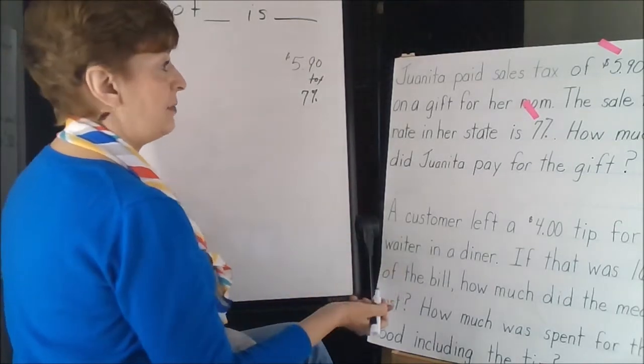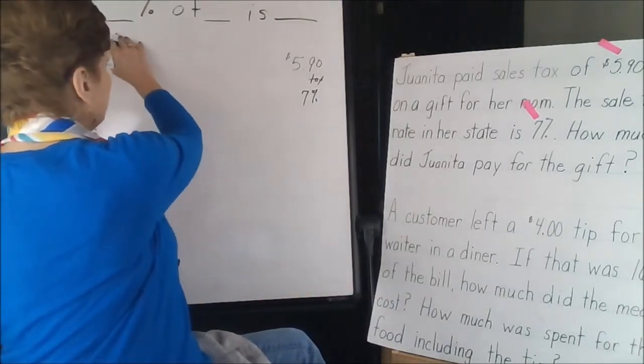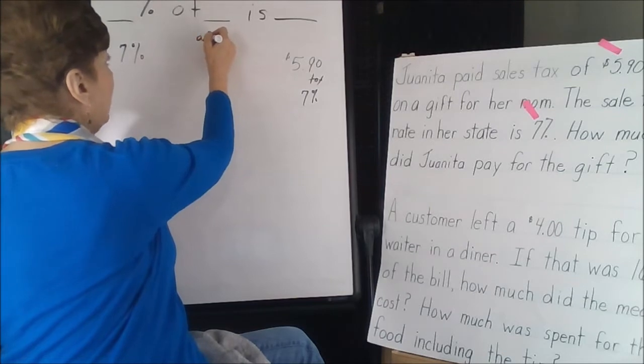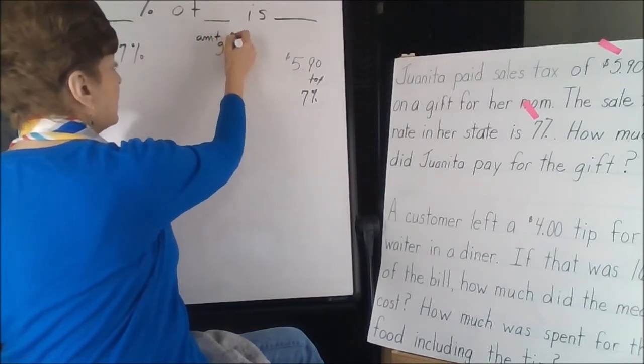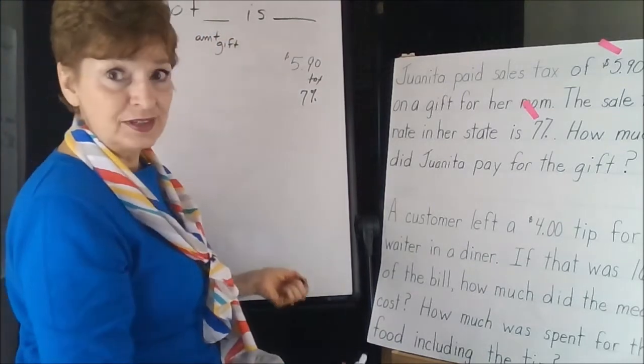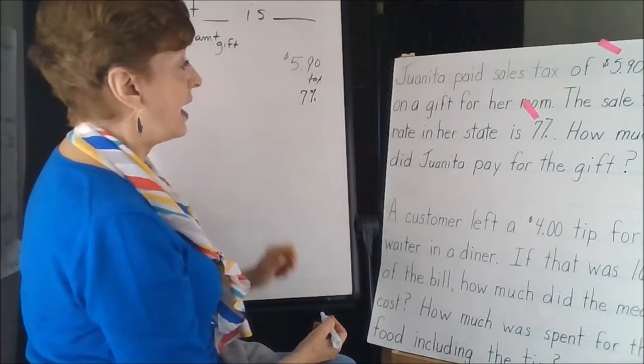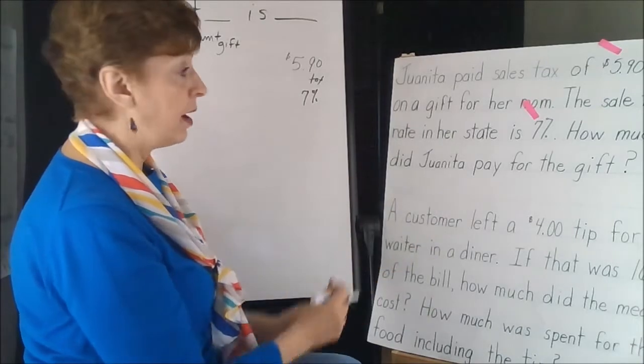So that didn't make any sense. It was 7% of the amount of the gift, because she certainly had to buy the gift. And then when it was all done, the tax was that part, that pull-out part.